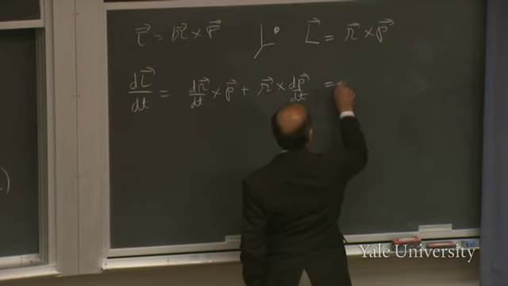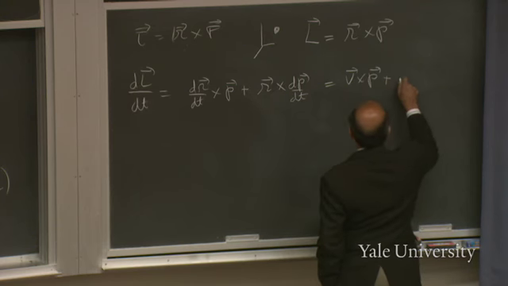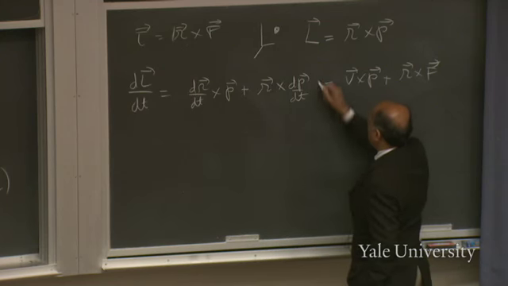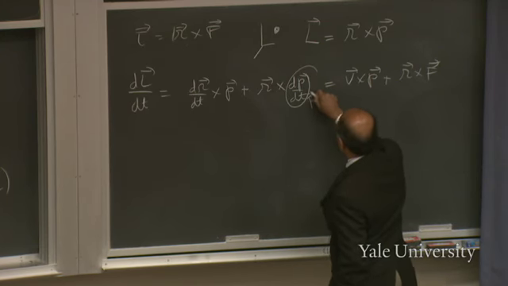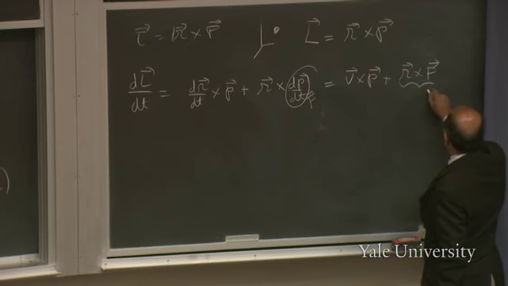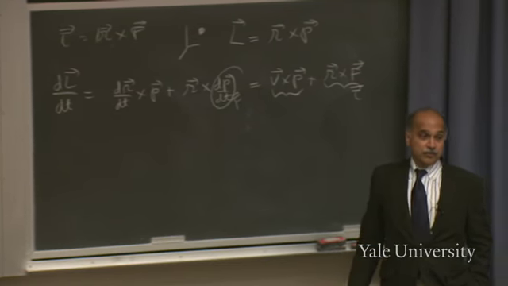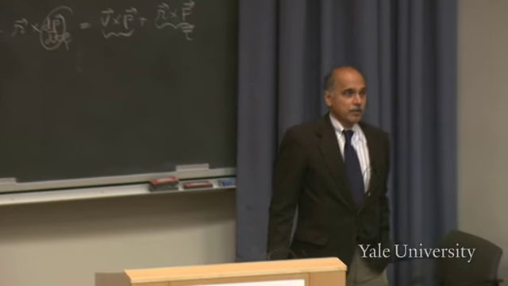But dr/dt is the velocity cross momentum plus r cross the force, because rate of change of momentum is the force. Now, this guy we like. That's the torque. This guy we don't like, but that will be 0.